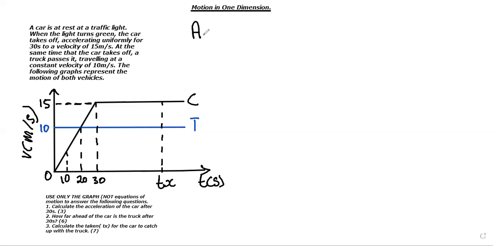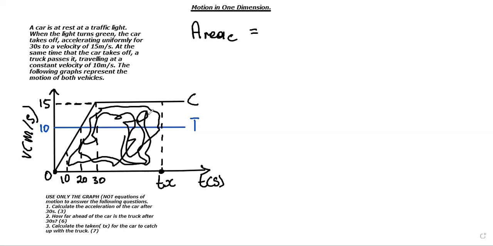Now, once again, we have to find the displacement of the car. But now, for what part? From t equals 0 to t equals x. Do you see that? So meaning we have to find the area under the curve for the entire motion.